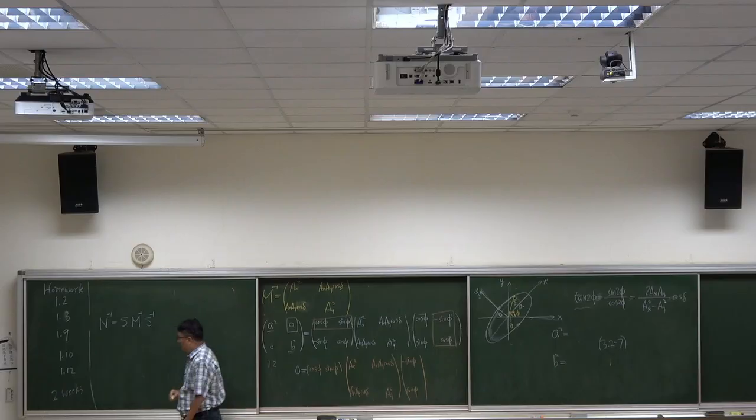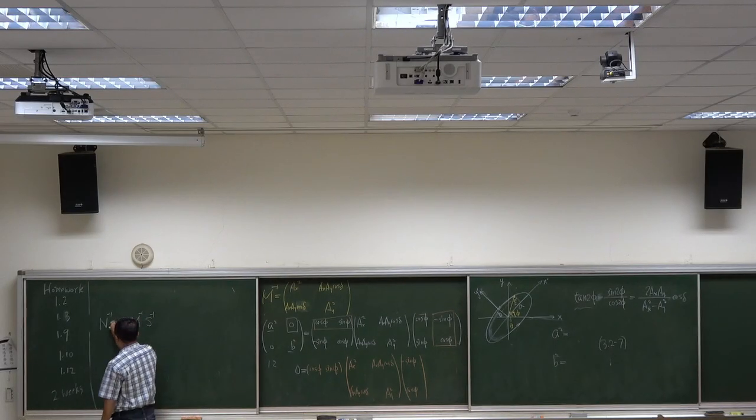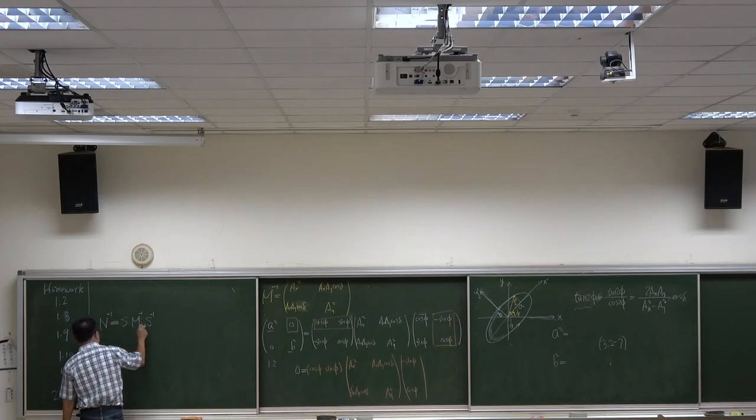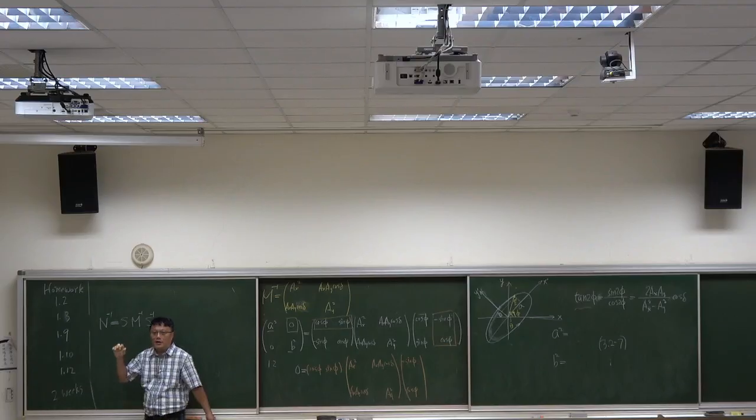Okay. The two matrices N inverse and F inverse are related by the similarity transformation. Then linear algebra tells us that they have the same determinant.